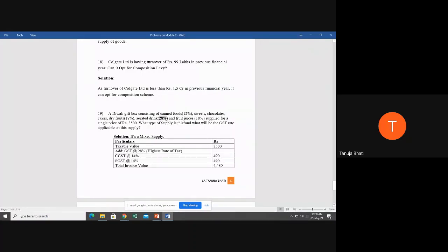Since aerated drinks is having the highest rate of GST, 28%, we are considering 28% GST, and the total invoice value that the customer is going to pay to get the Diwali gift box is 4,480 rupees. In assumptions, you can write that since no information regarding whether the transaction is intrastate or interstate is given, we are considering it to be an intrastate transaction.